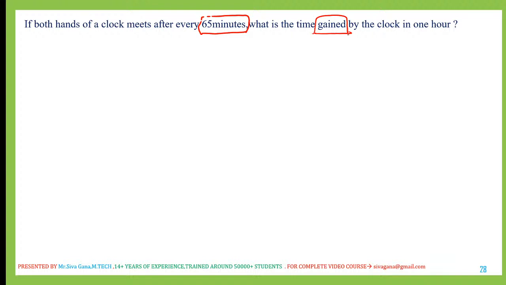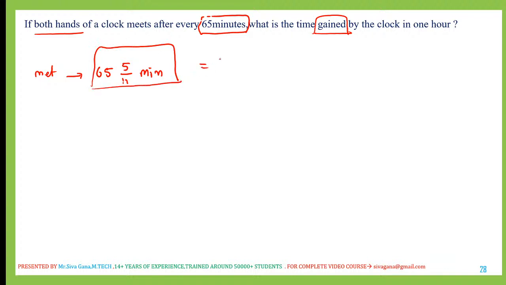We have to know one beautiful point that I explained in part 1. Both hands of a clock meet after every 65 5/11 minutes. This was yesterday's last question. 65 5/11 minutes in the sense 720/11 minutes.